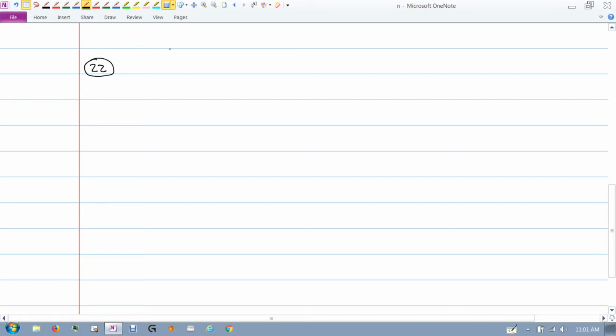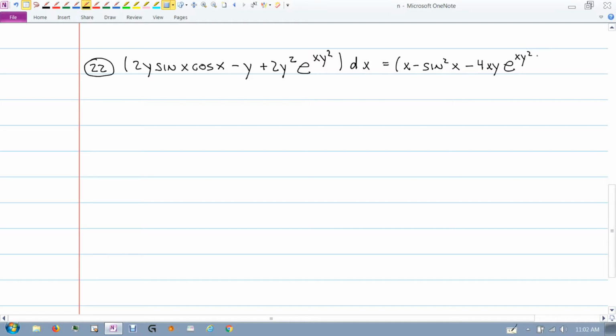Now moving on, 22. So 22, all right, we've got 2y sine x cosine x, and then we have minus y plus 2y squared e to the xy squared dx, so that's my M, equals x minus sine squared x minus 4xy e to the xy squared dy.